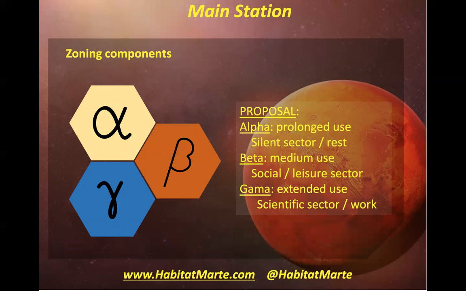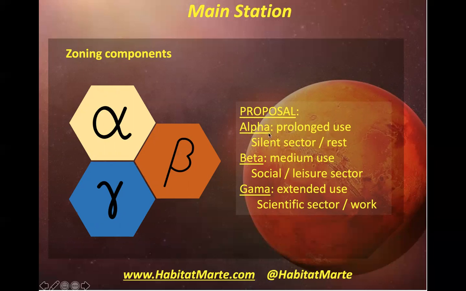Her name is Mariana Guerra, and she proposed a very interesting concept of three infrastructures together. It's like hexagons, and the names are alpha, beta, and gamma.